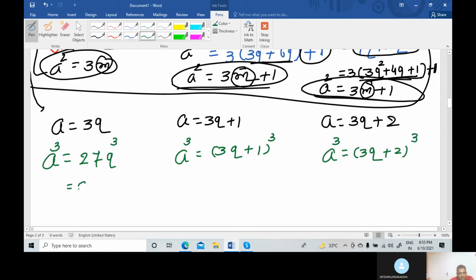Now splitting 27: 9 outside the bracket and 3 cube in a bracket. Here q is an integer, so 3q is also an integer.